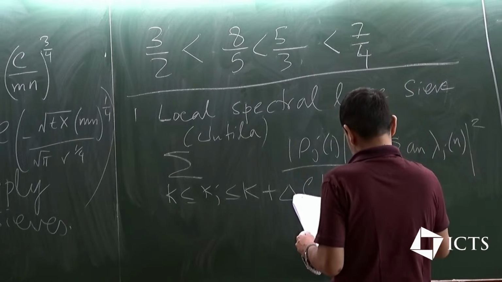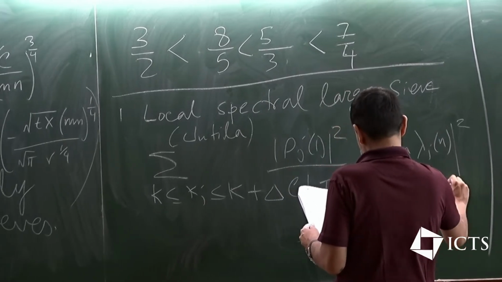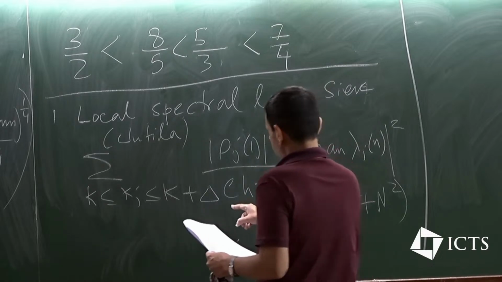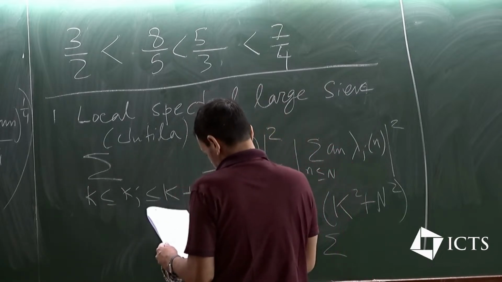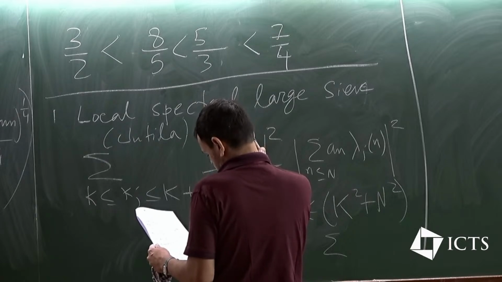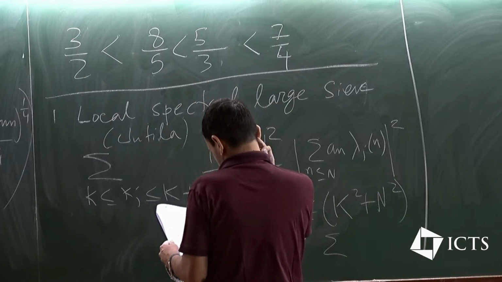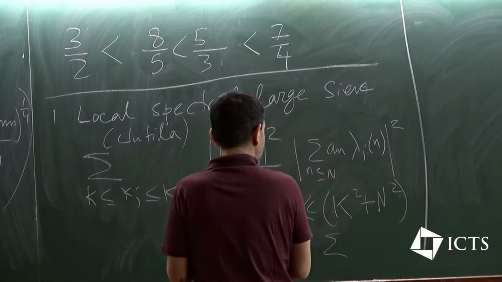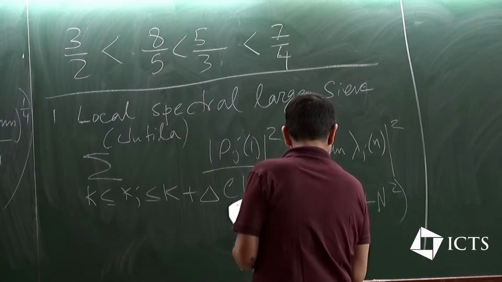So this is k squared plus n squared. So here delta is O(1), I think. Anyway, I don't remember what size. The thing is, delta is small. So then you have the norm squared, let me write.